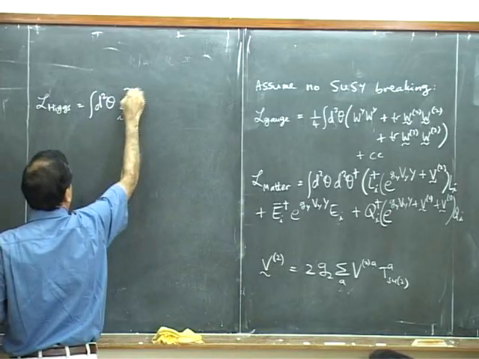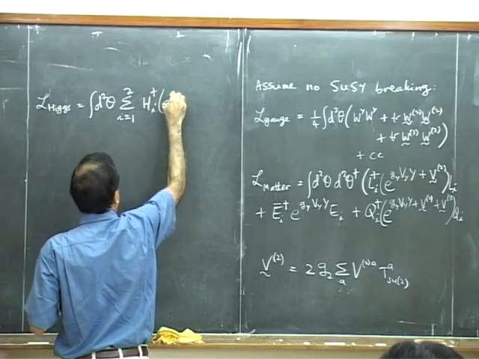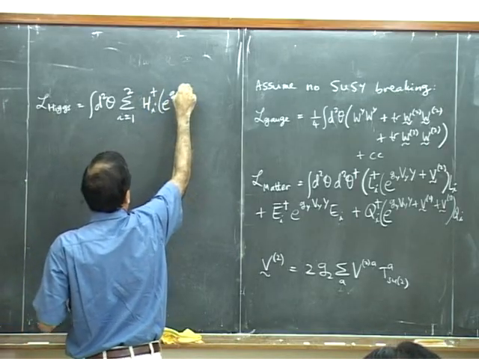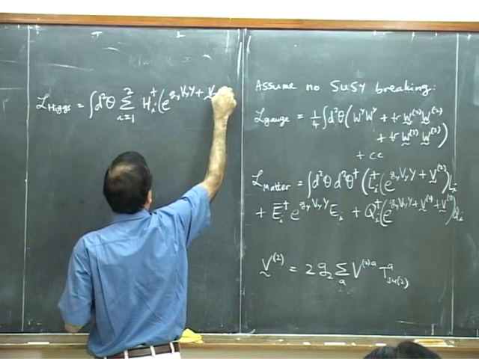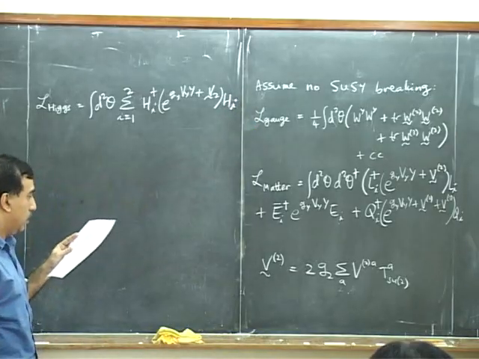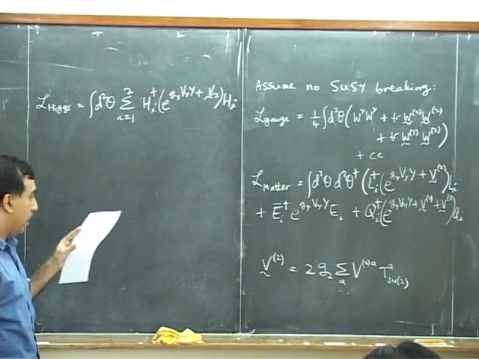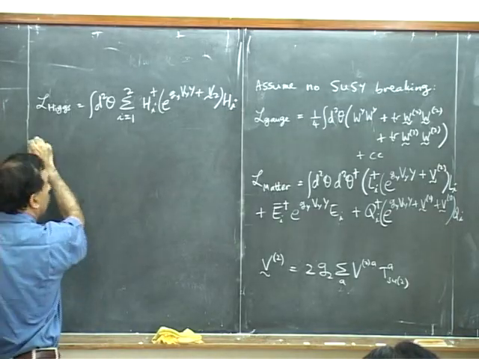This time i goes only over the two species of Higgs and it's H_i dagger e to the g_Y V_Y Y plus V_2. So that's that. Now comes the most interesting part, which is the superpotential.